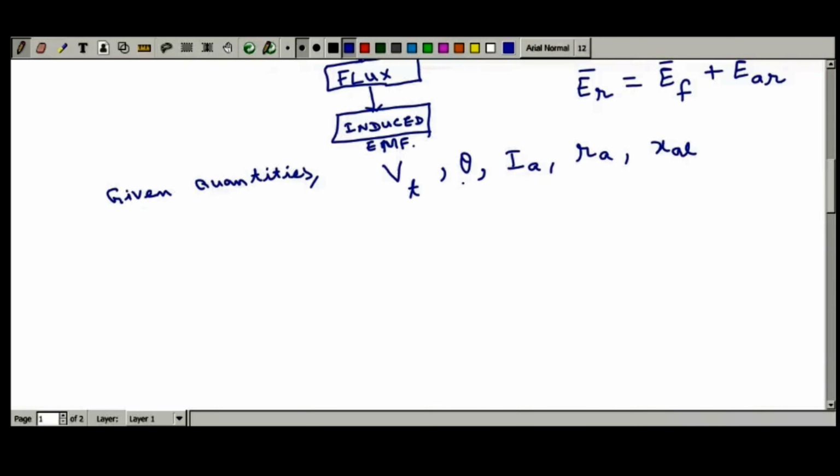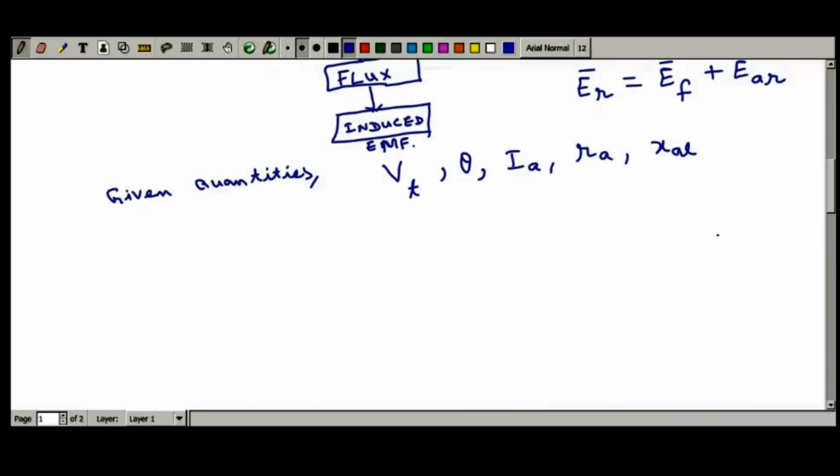Theta is the load power factor angle, the load which is connected across the armature terminals. Ia is the armature current per phase, Ra is the armature winding resistance per phase, XAL is the leakage reactance of the armature winding. So these things are given.